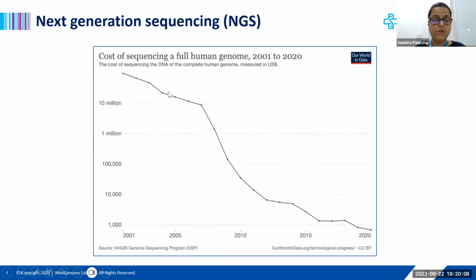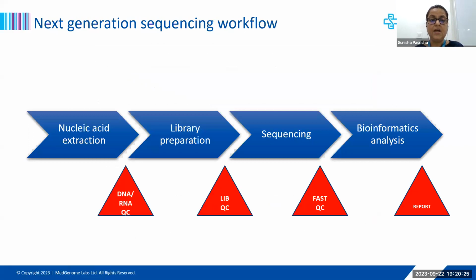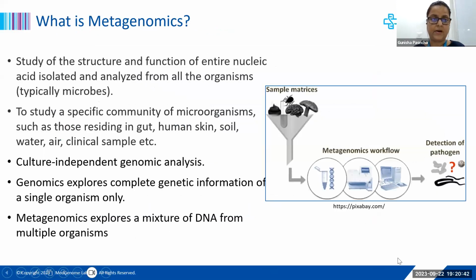The cost of whole genome sequencing has dropped to close to $100, $150 or $200 as of now, which is extremely low compared to earlier years, so the conception that it is not affordable should not exist among all of us. So this is the workflow, as I mentioned to you: nucleic acid extraction, DNA, RNA, or total nucleic acid extraction, library prep, sequencing, where quality control at each and every step is extremely important.